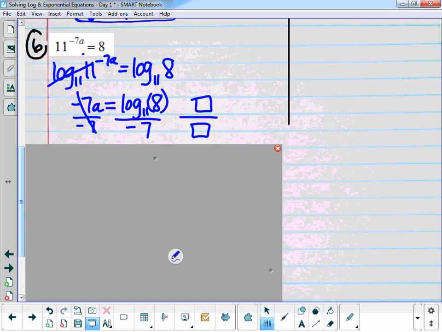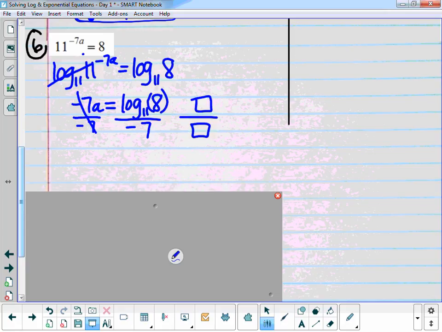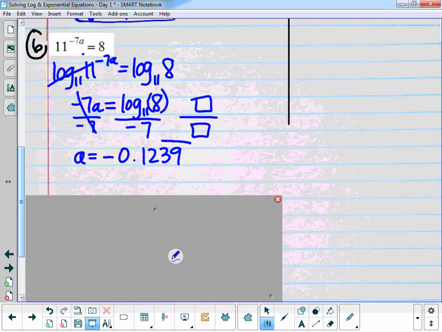Don't do the divide by negative 7 in the parentheses of the logarithm, because that would be wrong. So a equals negative 0 point something. Let's do 4 places this time, because your assignment does 4 decimal places. So it would be what? Good.